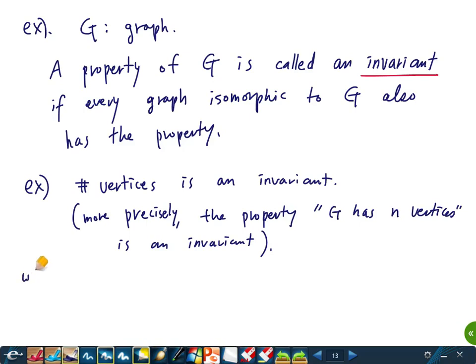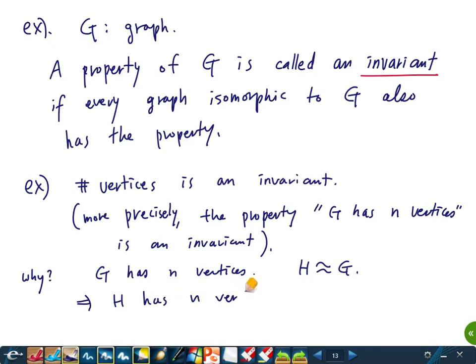Why? Suppose that G has n vertices and G and H are isomorphic. Then H also has n vertices. Why?